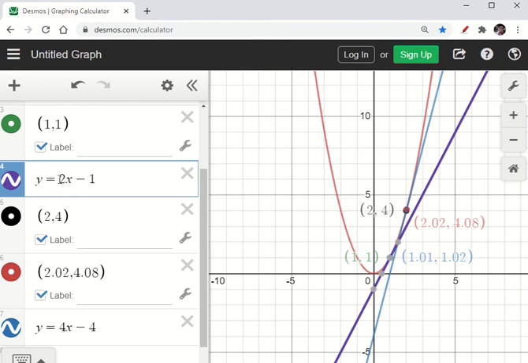So from here, we know that at different points of x, the slope is different. We say that the slope is changing according to the point of x. When we have a different value of x, the slope of the curve will be different as well.